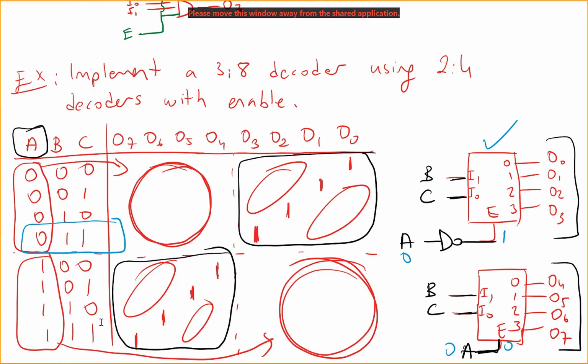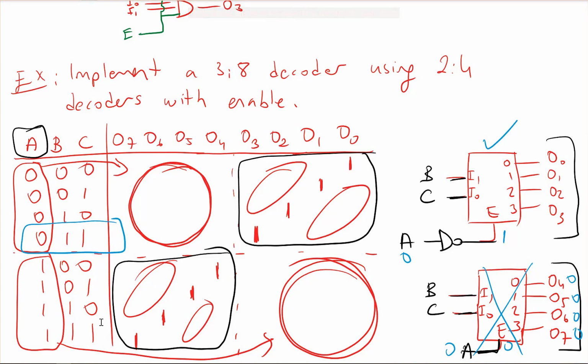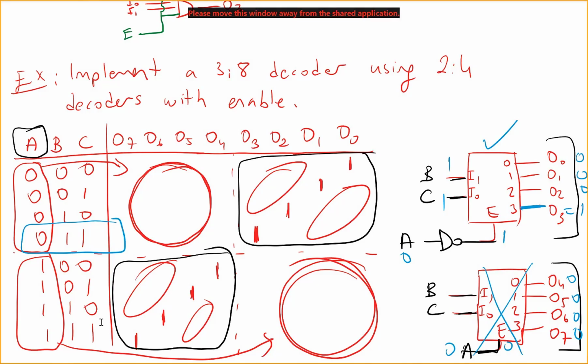If A is 0, this is 0, so this is disabled. So all of these will be 0, 0 here. If B and C is 1, 1, I am actually activating this, so this will be 1. All the others will be 0. So this will be working for this 0, 1, 1 case. You can also try the other cases and you will get the correct result.